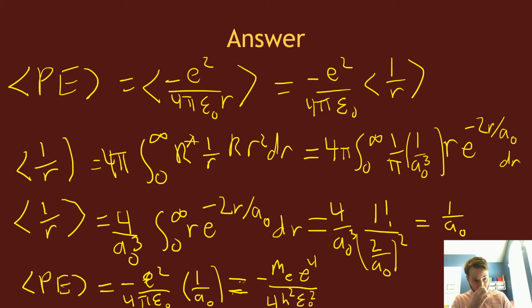And so this gives us the average potential energy for the electron.